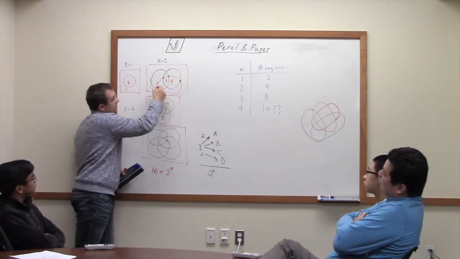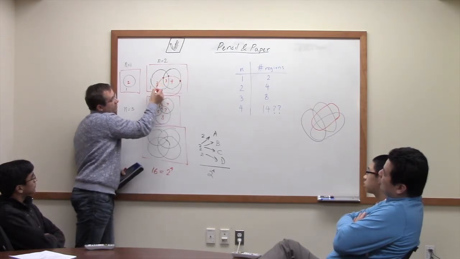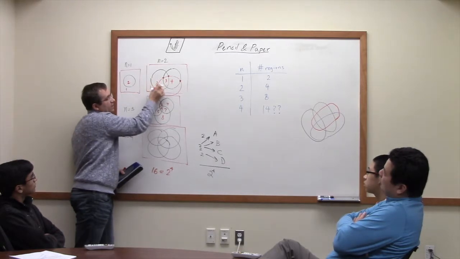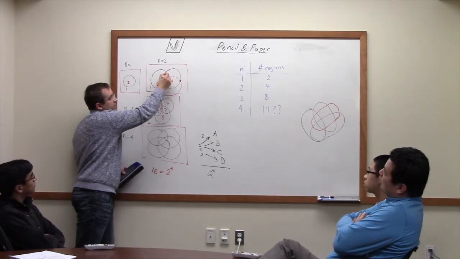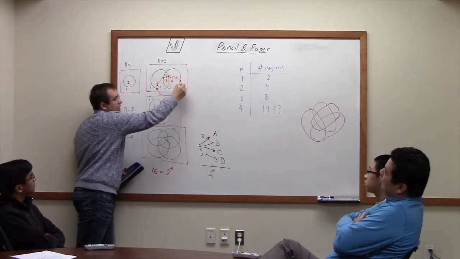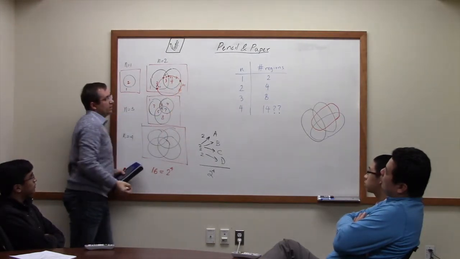Now, if I start going clockwise, whenever I intersect a circle, I create 1 region. There was 1 common region, here I created +1. Here, when I intersect, I created +1. When I go farther, I create +1, and when I go here, I created this region, which is +1.